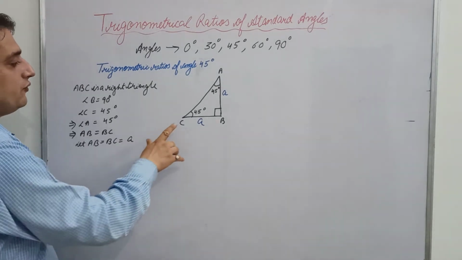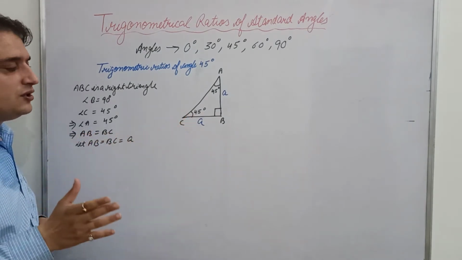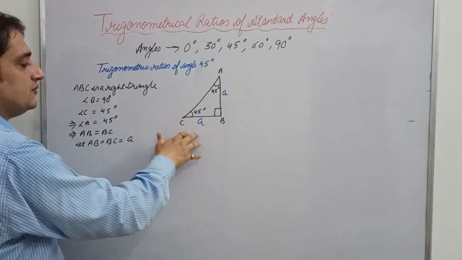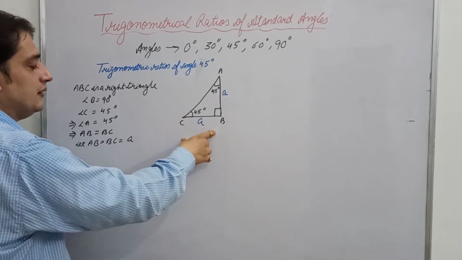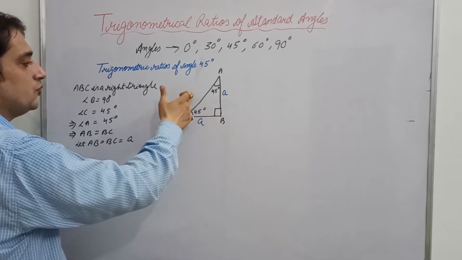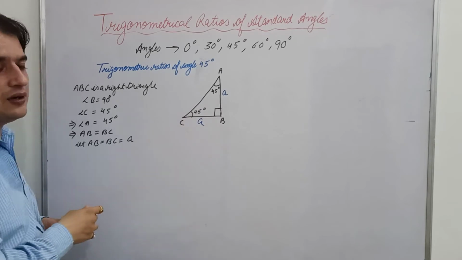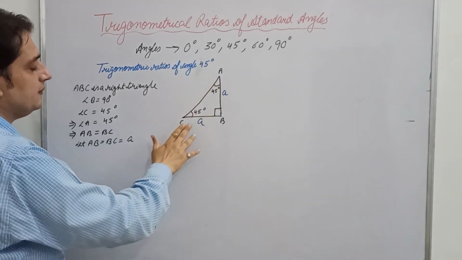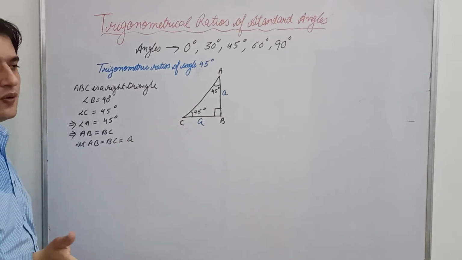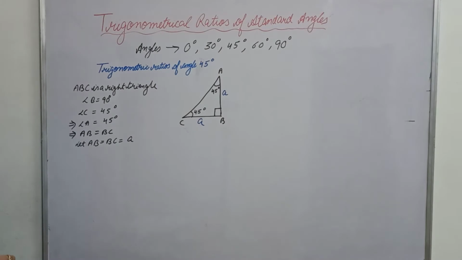Now we have to find the trigonometric ratios for 45 degree. In the sine ratio you need the hypotenuse and perpendicular, and in cos you need base and hypotenuse. So first find the third side, because once the three sides are known, you can find the trigonometric ratios of angle 45 degree very easily.